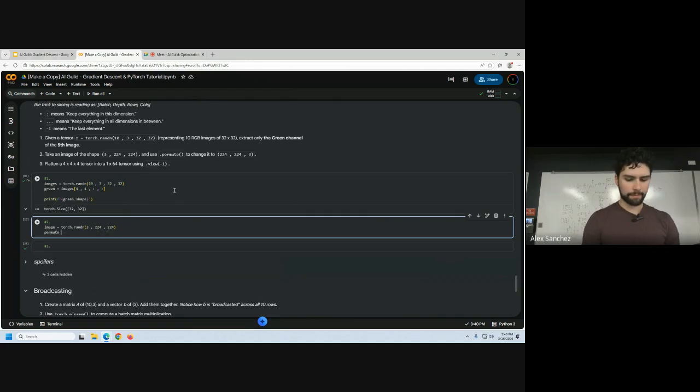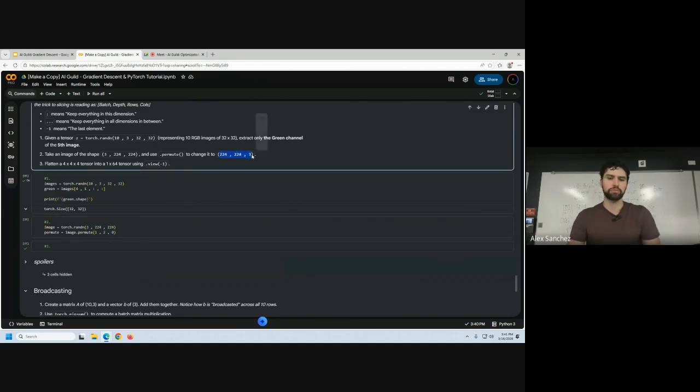And when we permute it, we would do image.permute. What this is saying is the dimensionality at index 1, we put it here. The dimensionality at index 2, we put it here. And then the dimensionality of index 0, we put at the end. This would permute it differently to be 224 by 224 by 3.